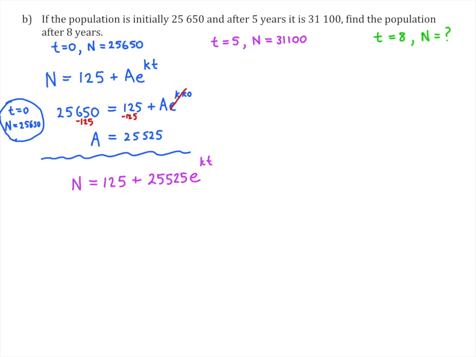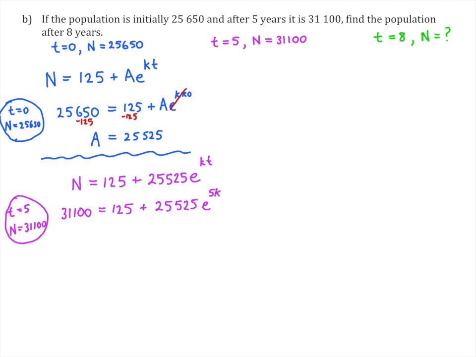Now my second piece of information is that when t is 5, the population is 31,100. So I'm going to plug that into my new formula. When the population is 31,100, I get 125 plus 25,525 e to the power of k times 5, which I'll write as 5k.